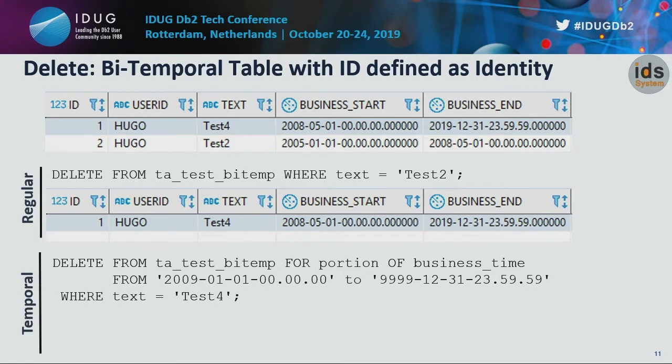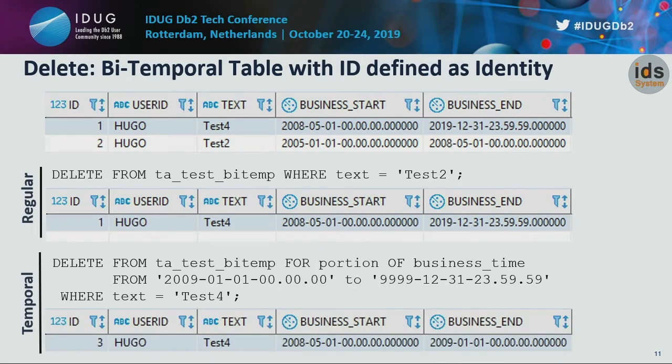But it will manipulate this period, right? The business end, you're right, absolutely right. And that happened. So my new period is May 2008 to beginning of 2009.